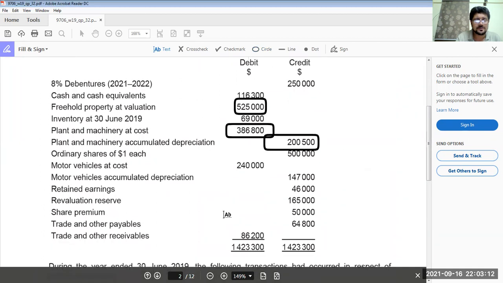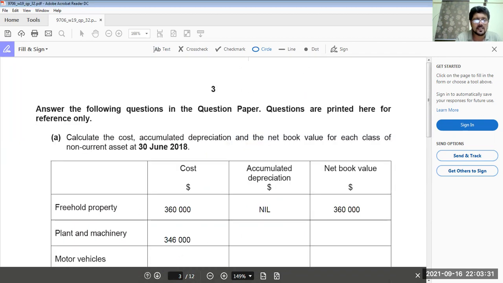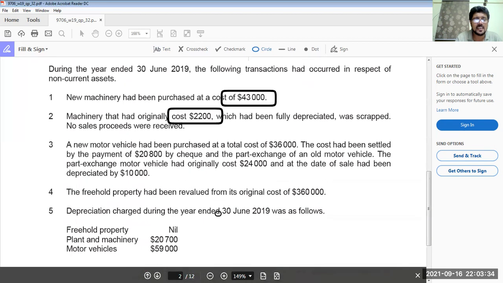Now come to motor vehicles. This is the cost of motor vehicles, $240,000. Okay, so $240,000 done. Now adjustments during the year. A motor vehicle had been purchased at a total cost of 36,000, minus 36,000. The part exchange motor vehicle originally cost 24,000.